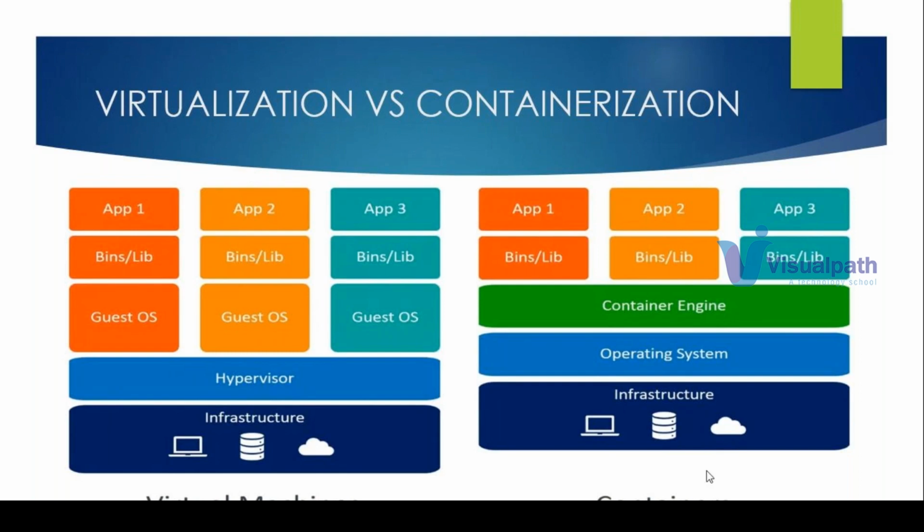Whereas in a container, we have infrastructure, then on top the operating system, and then the container engine. We will cover this in detail in a coming slide, but the container engine is the minimal set of units required for container execution on any platform. Then on top we have libraries and bins, and then the application.